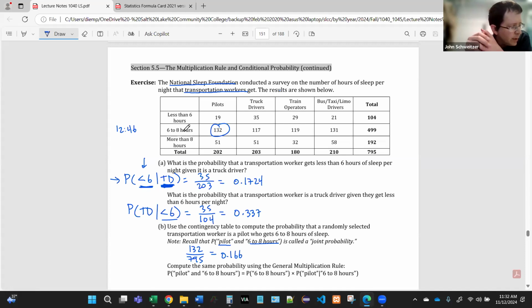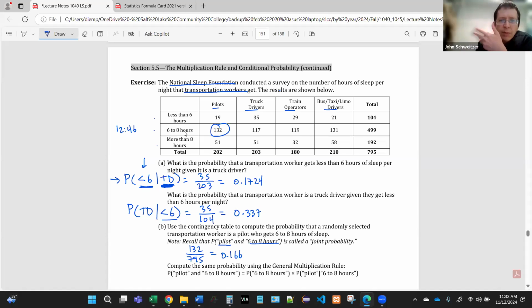I think we almost finished this problem here. We were looking at the relationship between sectors of the transportation economy. These are all transportation workers, and we were looking at the relationship between the amount of sleep they're getting and various sectors.